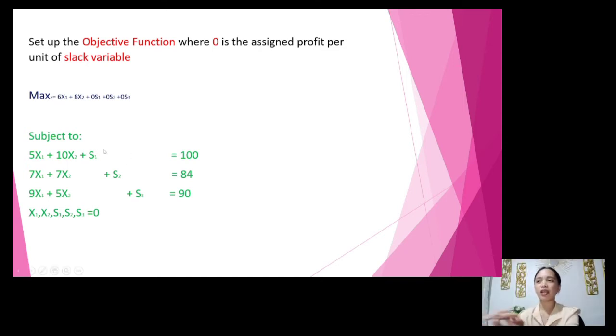As you observe, there is no other value here since the value of the other s here is 0, so I didn't put the other s.